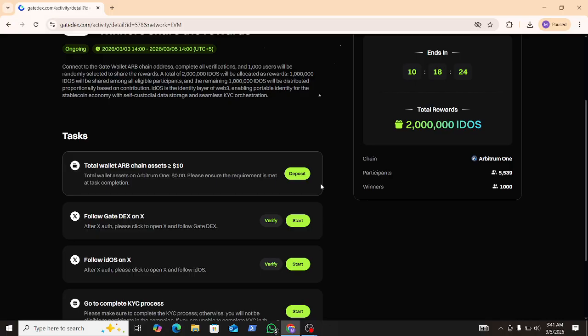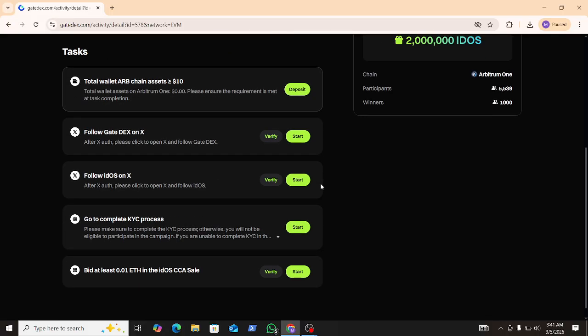Follow Gate DEX on X. After X authorization, please click Open X and follow Gate DEX. Follow IDOS on X. After X authorization, please click Open X and follow IDOS.